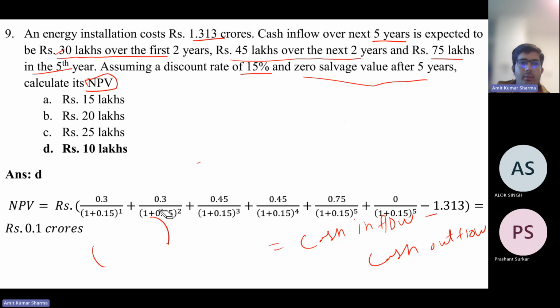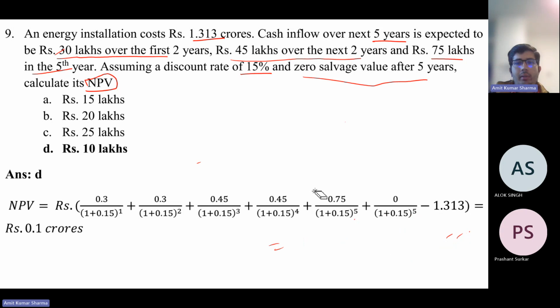So basically, we have to just calculate the NPV. We have been given the data for the NPV calculation. So 30 lakh for the first 2 years; this is the NPV for the first year for 30 lakhs, then for the second year, then 45 lakhs over the next 2 years. So this is for 45 for the third year: 1 plus the discount rate to the power 3 for the third year.